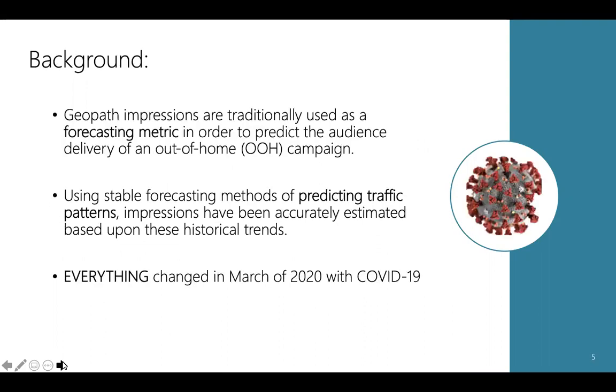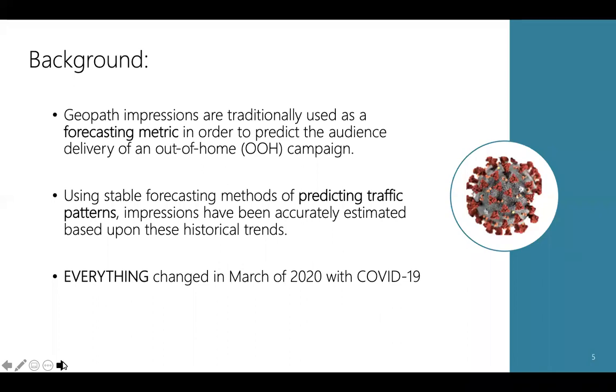One other bit of background, and I know I showed this slide back in January, but I think it's really helpful as we lay the groundwork for the session today. Traditionally, what Geopath produces is a forecasting metric. We have an annual impression number that we produce annually that is core to what we do.